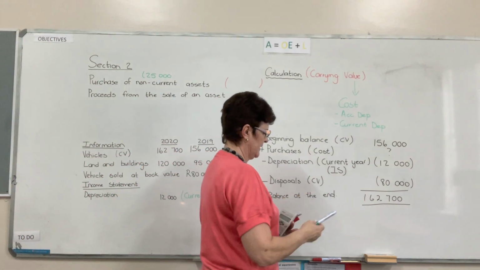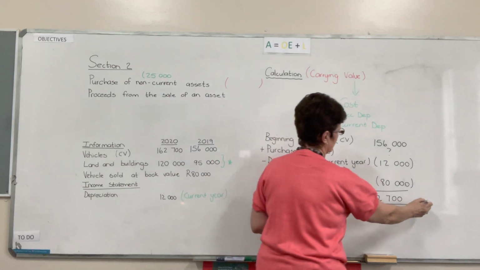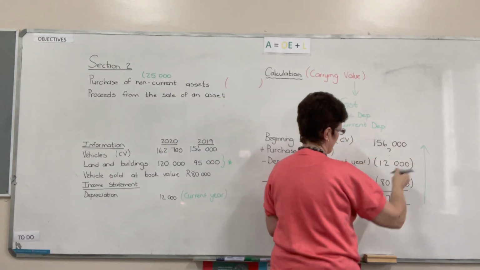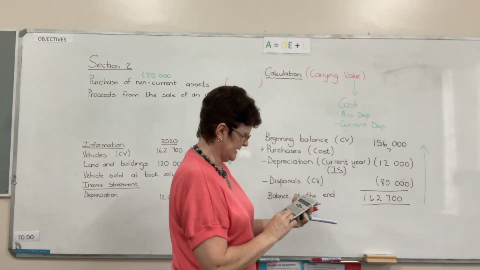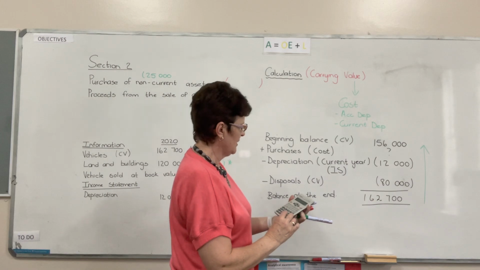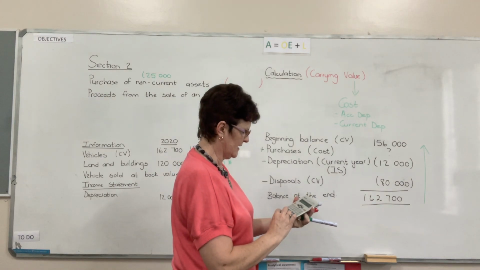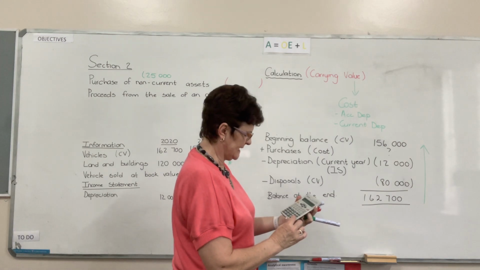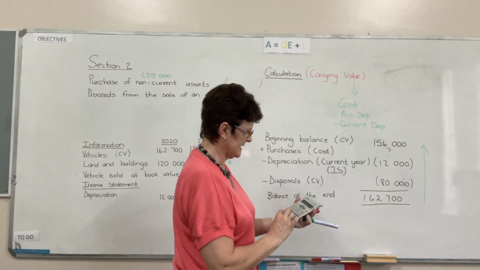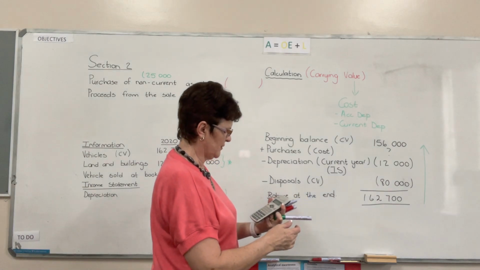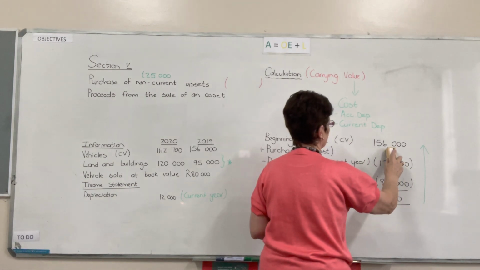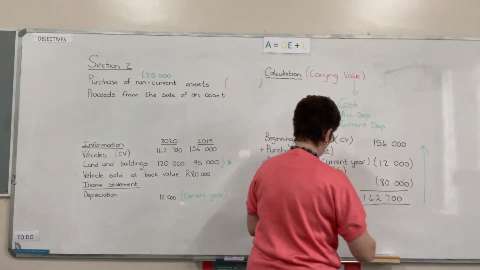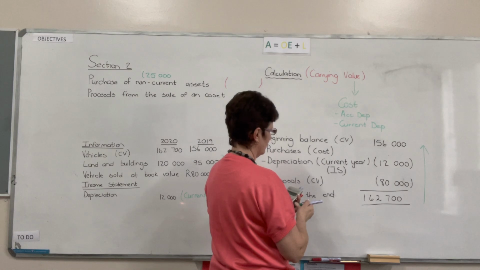Now, as you can see, we are sitting with one amount that's missing, and that is possible to calculate. If we go bottom up, we do the opposite from what we see. So we take 162,700, we add the 80,000, we add the 12,000, and we deduct the 156,000, and we are left with 98,700, and this is the amount we paid for the new car.